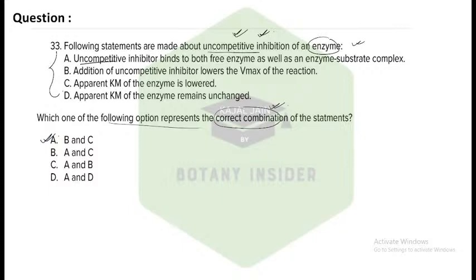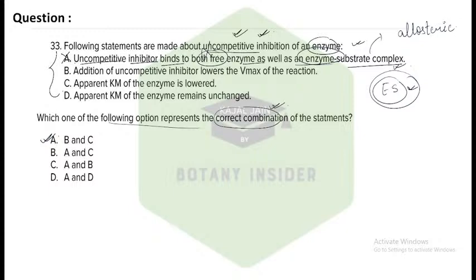First option: uncompetitive inhibitor binds to both the free enzyme as well as the enzyme substrate complex. No, it binds only with the enzyme substrate complex and not with the free enzyme. And the site at which it binds is given the name of allosteric site. Remember about this. So the first option is incorrect.